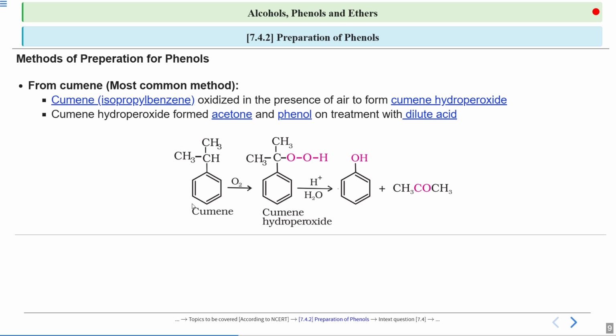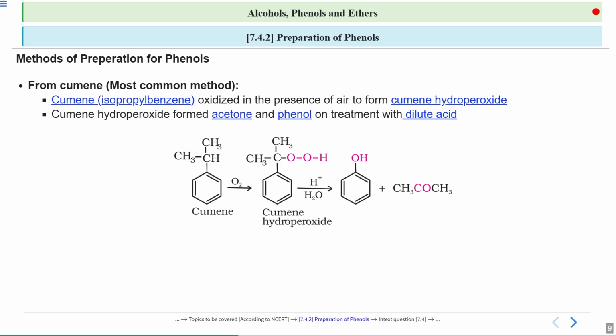Now this cumene is oxidized and cumene hydroperoxide is formed. See, at this carbon, two oxygen groups are attached, and the hydrogen of this carbon is gone. This O2 is your peroxide linkage, and this linkage is unstable.